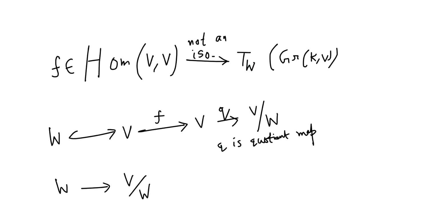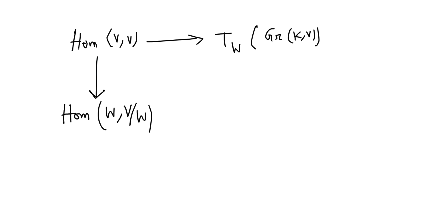Include W inside V. From V to V, you have some map F, and from V, you have a projection to V mod W. So compose all these maps. You get a map from W to V mod W. So given any map in hom(V, V), I get a map in hom(W, V mod W). And this will induce a map between these two.